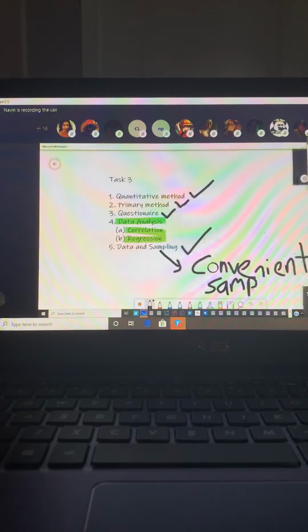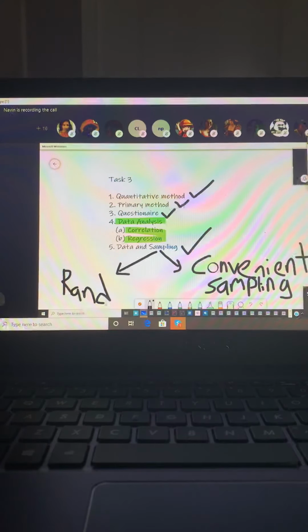Convenient sampling means I give to the people whom I know. Nowadays you guys are giving to people that you know, right? So that is convenient sampling. You are also doing random sampling because you are just giving randomly to people.